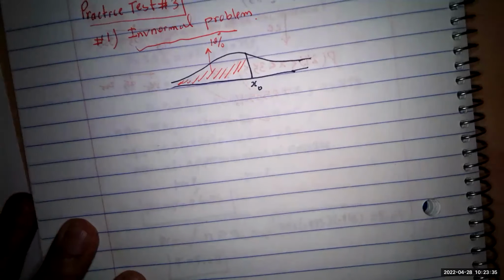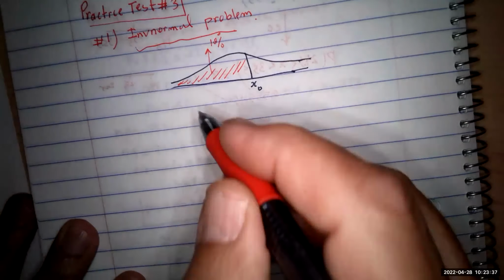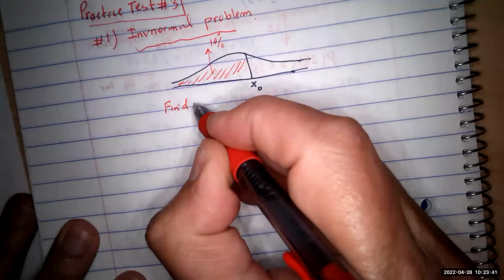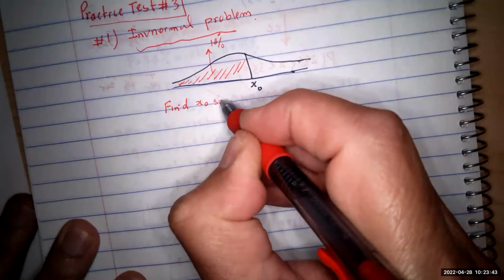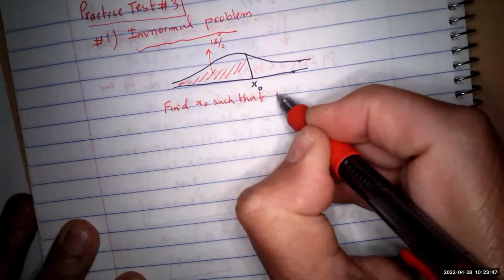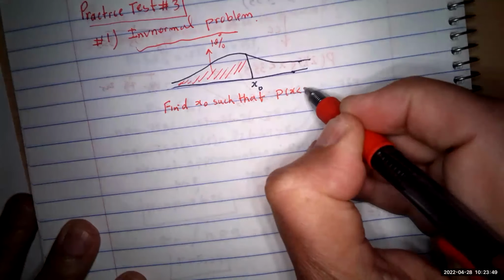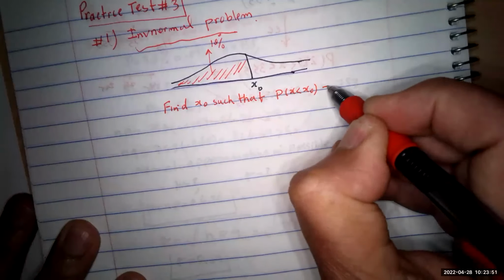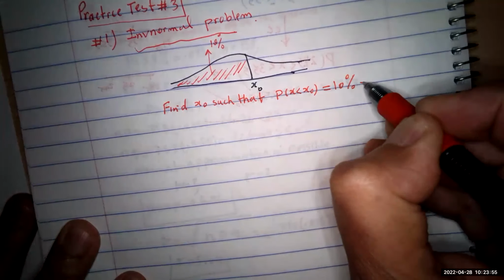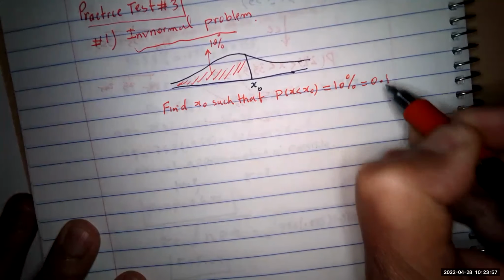So from the probability point of view, this means you would like to find a number. You see, you would like to find the X naught, a number such that the area to the left, P of X less than X naught, you want it to be equal to 10%. 10% is 0.1.